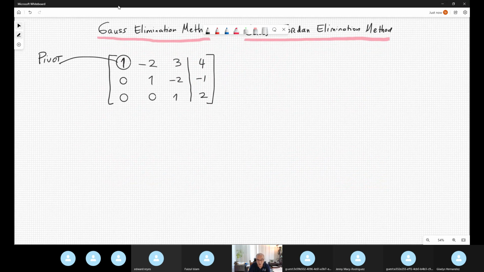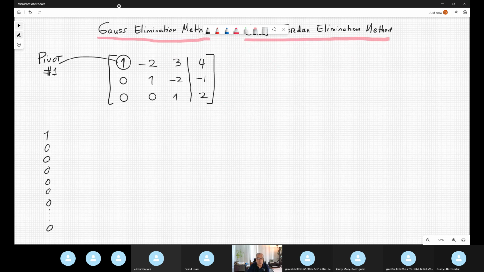Nice. It's a coincidence because of the elementary example. It doesn't always happen, but it's pivot number one. Below the pivot, we do several operations in order to get 0, 0, 0, 0. Suppose we have 25 equations: we have 24 zeros and 1 in the pivot. This is the idea.